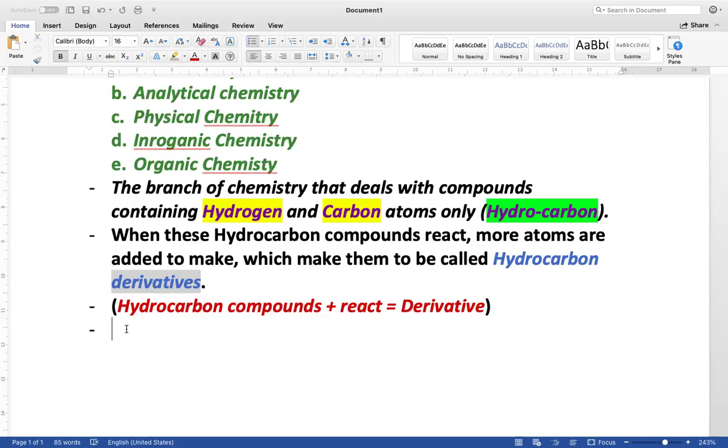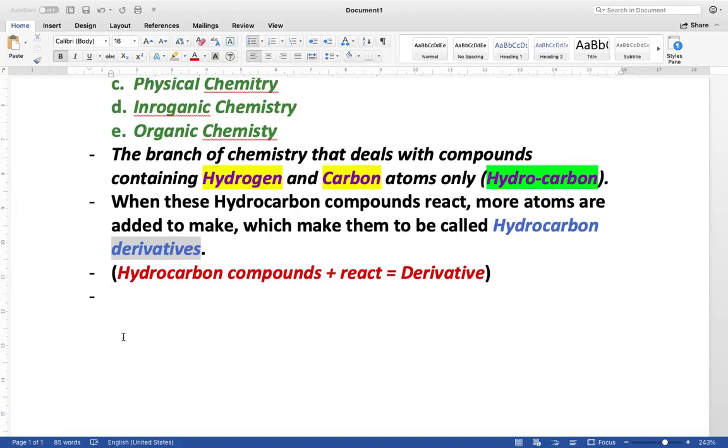Okay. These derivative compounds, some of them are obtained from plants, others are obtained from animals. Also, there are some that we can make in the laboratory. I'll give you an example of natural gas, the gas that they use for cooking in certain places, the gas that they get from a sewer system.